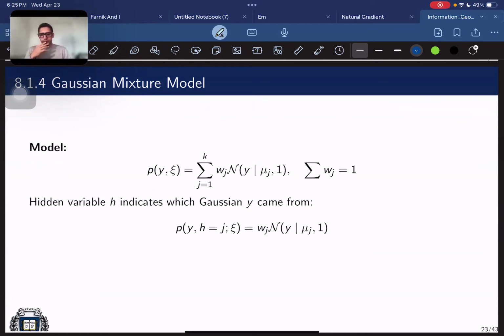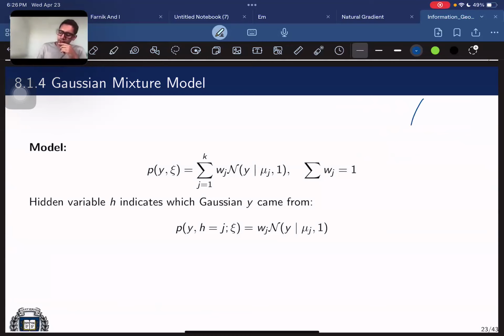Consider, as we talked earlier, a Gaussian mixture model with the same variance but different means, and we're not sure what is the weight of the different distributions. So we have two parameter spaces.